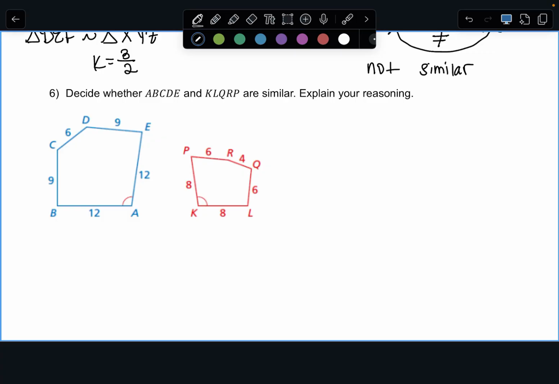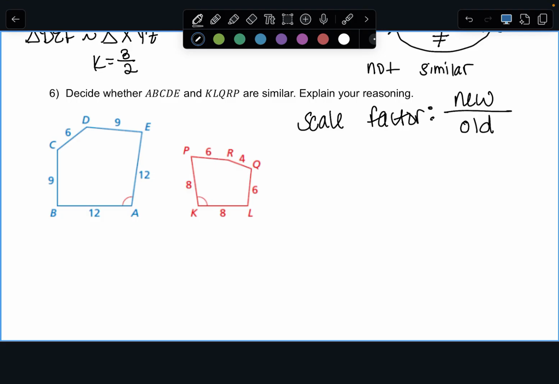Yesterday we talked about just straight up similarity statements. One thing that we talked about was our scale factor. And I told you how to write these, and I mixed it up a little bit. When we write scale factor, I want you to always put the new shape on top of the old shape.